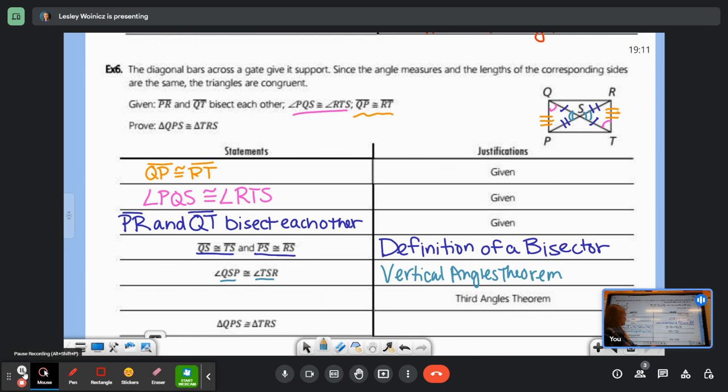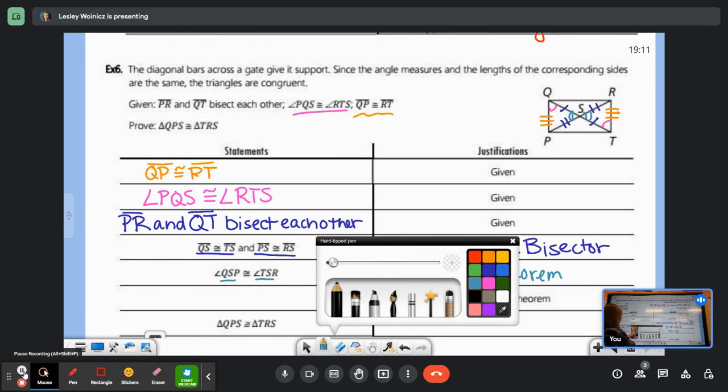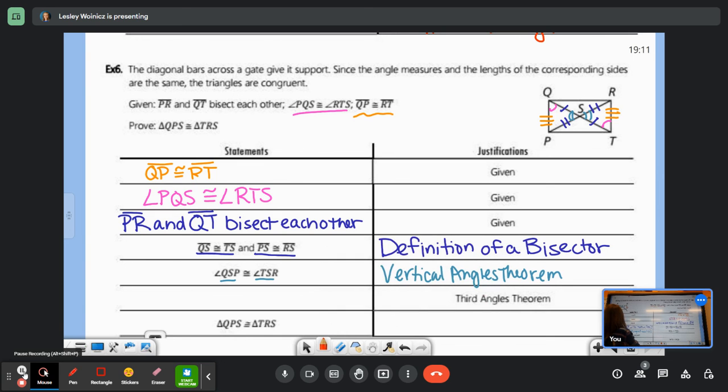All right, then our last two angles, which are SRT and SPQ.